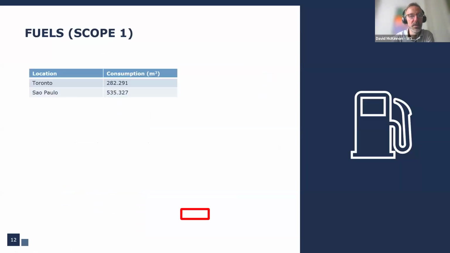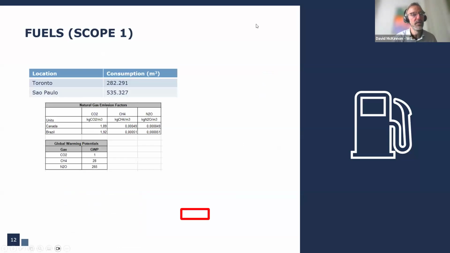So for calculating the emissions, let me just move all of your faces away from that side of the screen. For each unit of natural gas that you burn, you'll get a quantity of CO2, a quantity of methane, and a quantity of N2O out of it.